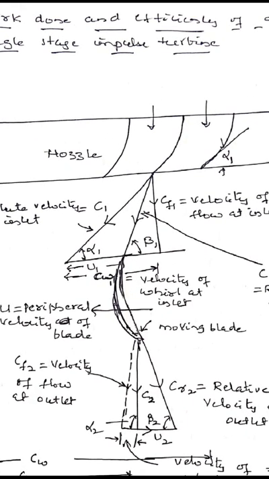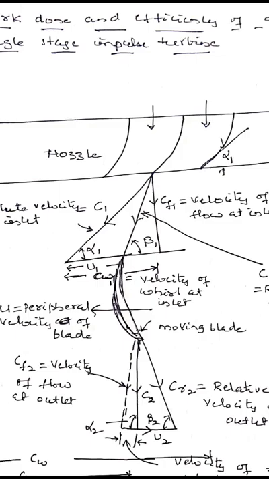As the force given to the blades is due to the change in velocities of the steam at outlet and inlet of the blades, it is necessary to draw the velocity diagrams at inlet and outlet of the blades.